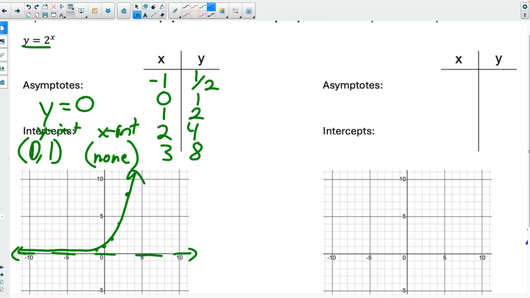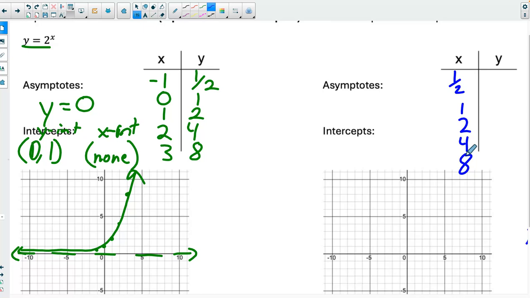Okay, now we flip-flop. So if I'm doing the inverse, my y's become my x's, and my x's become my y's. So go ahead and transfer. So these y's go right here. So I get 1/2, I get 1, I get 2, I get 4, and 8.